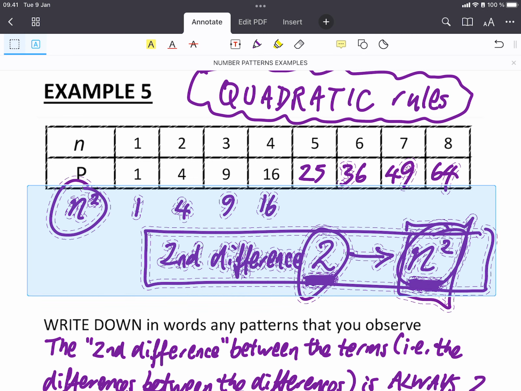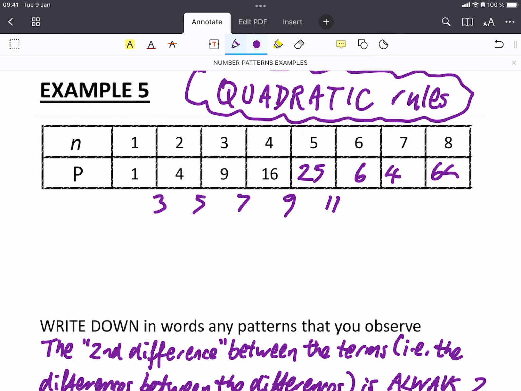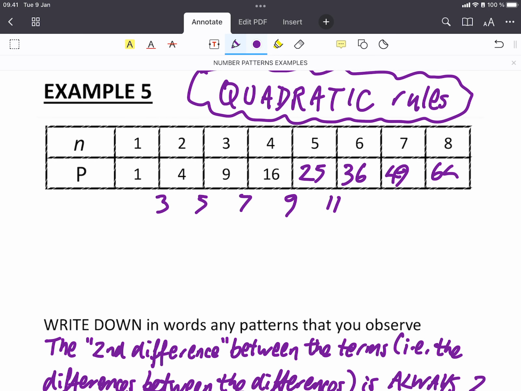So if I hadn't actually spotted the rule, I could have gone, okay, well, the differences are going 3, 5, 7, 9, 11, 13, 15.